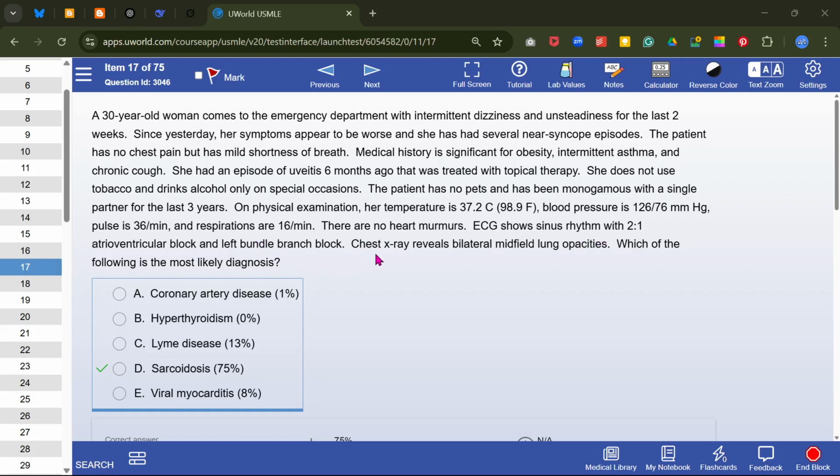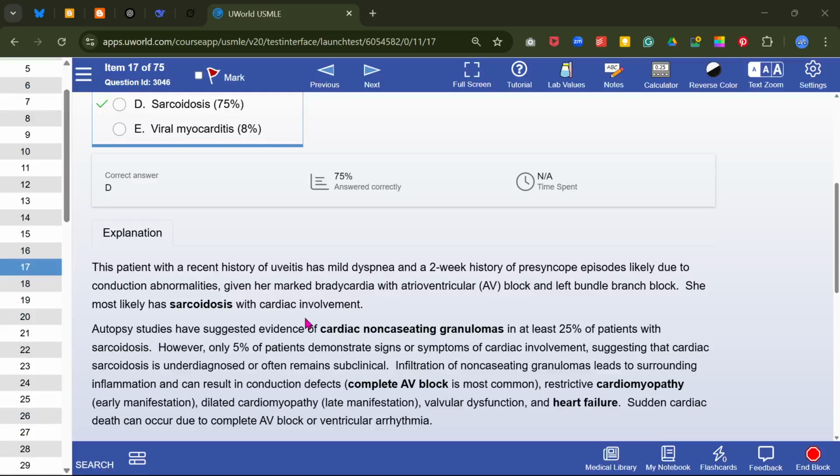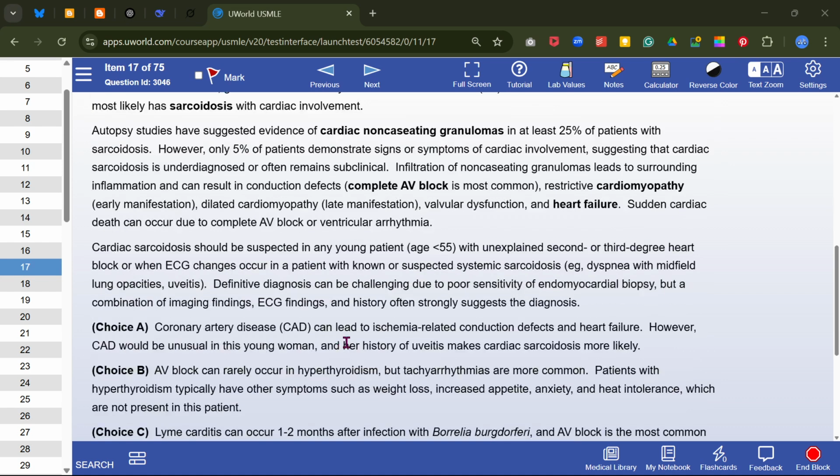Chest X-ray reveals bilateral midfield lung opacity. That means bilateral hilar lymphadenopathy and bilateral midfield lung opacity; looks like sarcoidosis. So AV block and left bundle branch block with bilateral hilar adenopathy looks like sarcoidosis.